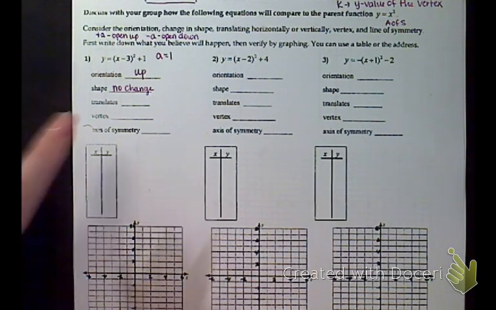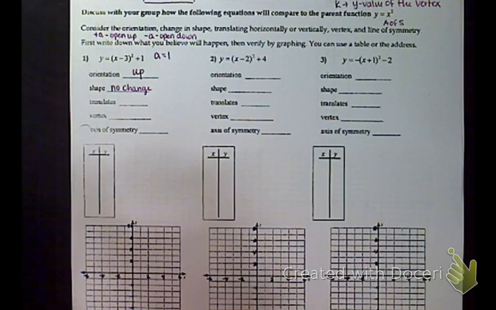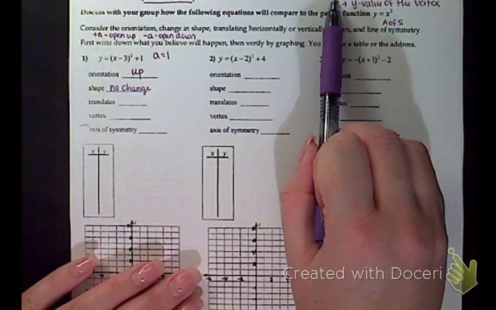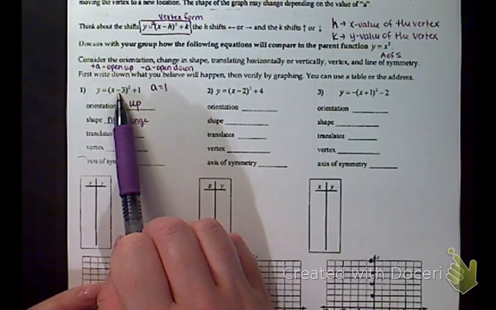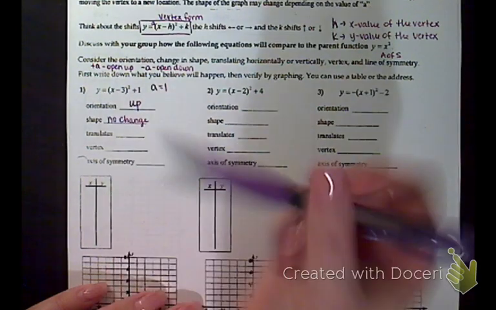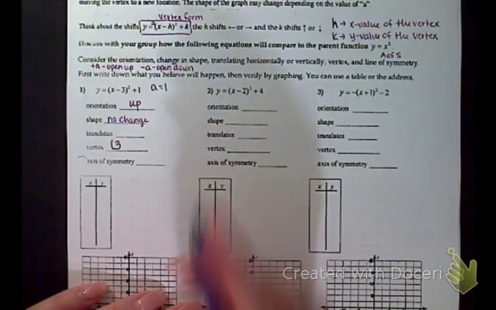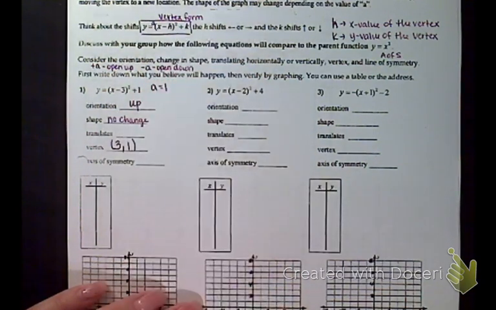Now, in order to talk about how it's going to translate, let's talk about the vertex. Okay, so vertex, we did this in the last one. So h is the x value of the vertex. H is inside, and we always take the opposite. So negative 3 becomes a positive 3 for the vertex. K is on the outside, and it stays the same, and that's my y value.